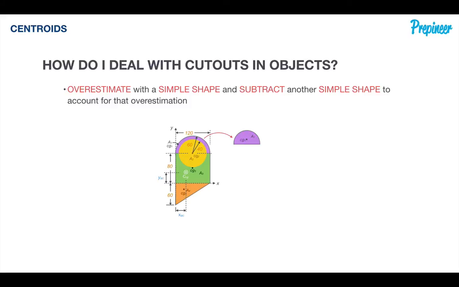But we actually defined it as a half circle. In the same way, we define that green section as a full rectangle. Both of these are overestimations of what they actually contribute to this composite object, because both have a portion of their area cut out by that circle. So what we're doing is taking the full area of the half circle and then the full area of the rectangle, and then we're subtracting the full area of the circle cutout to account for those overestimations.